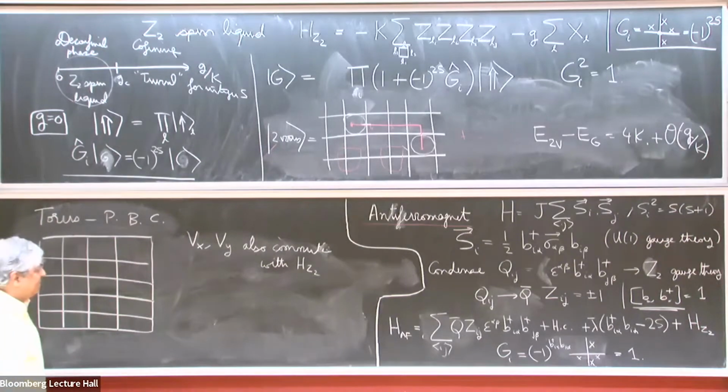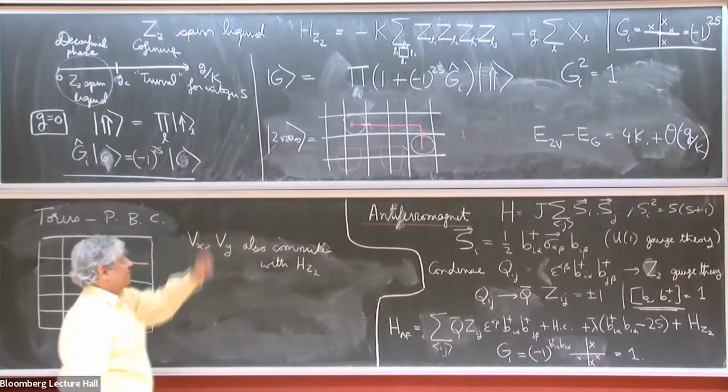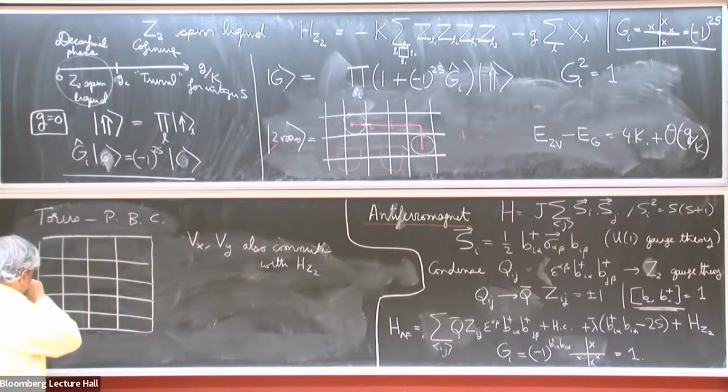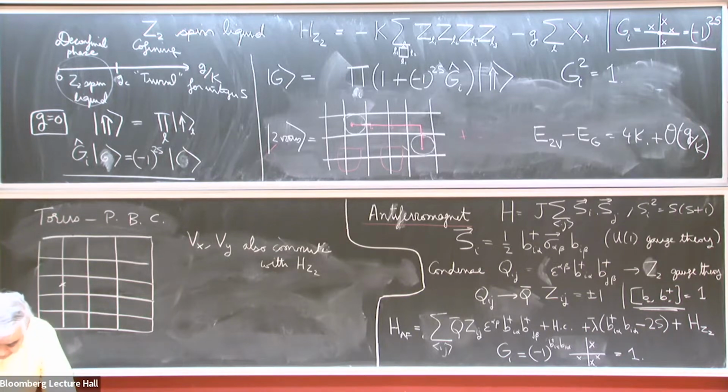And what are these operators? Well, again, you take, sorry, I have to make sure I get this right. You take the product of the x's, excuse me, I always get confused whether I should put it on the direct lattice or the dual lattice.